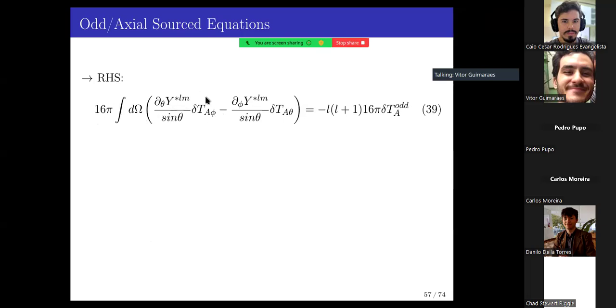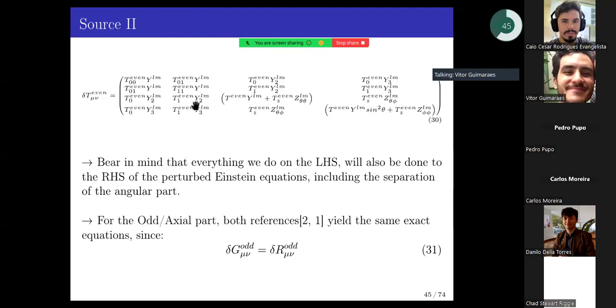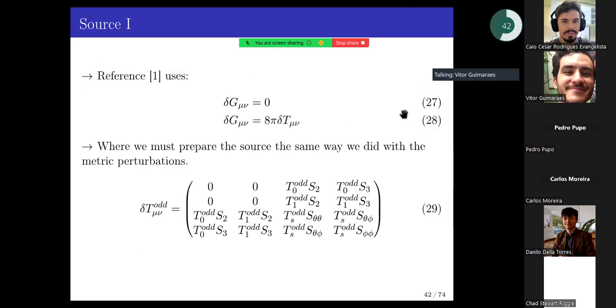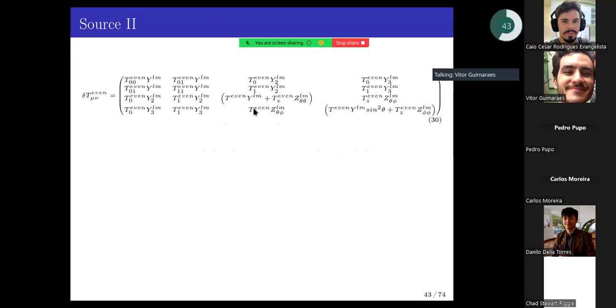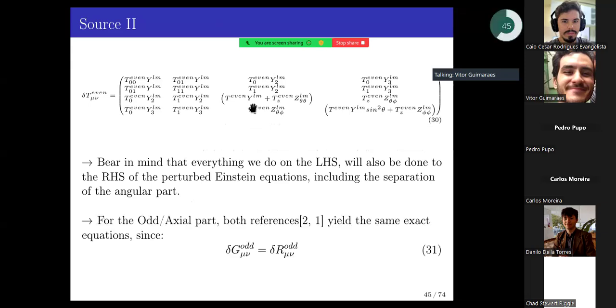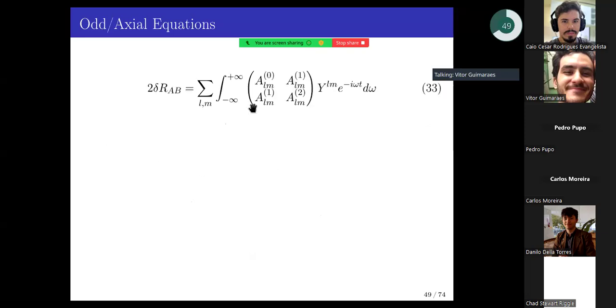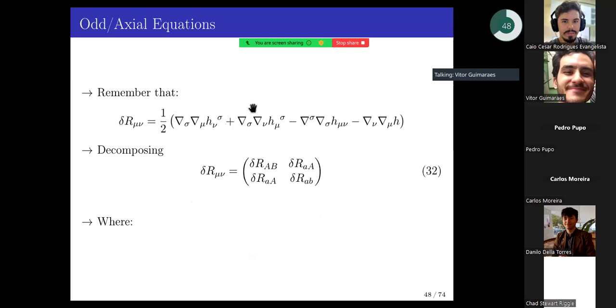So if we construct the tensor perturbations like this and this, right? The full perturbed energy momentum tensor would be the sum of this matrix and this one. I didn't do it here because you would have no space. Here is a very convoluted matrix, and we don't need to worry about it, because if we keep track of what is happening on the left side with the Ricci tensor, right?